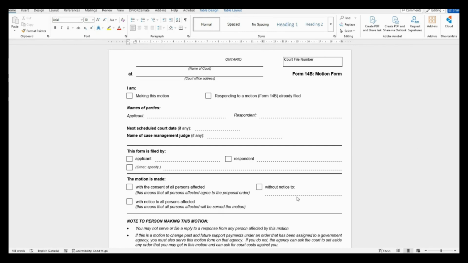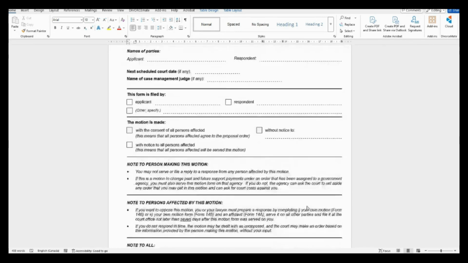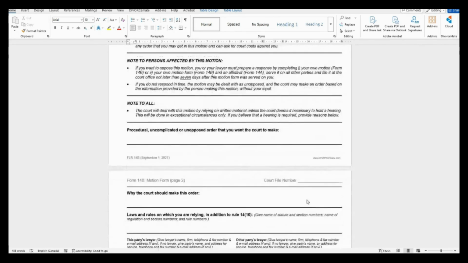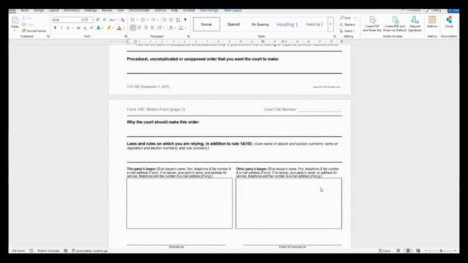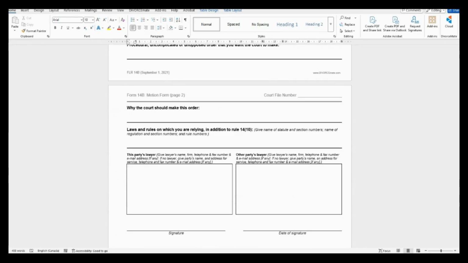Do you want specific parenting time? That is the Form 14B. You fill it out and you have to put on there "without notice," meaning that you would be getting a court order on the same day and you're not serving the other party because it's not recommended for you to do so. And then on the next page, you indicate the orders that you're looking for. Okay, so you have to put that on.